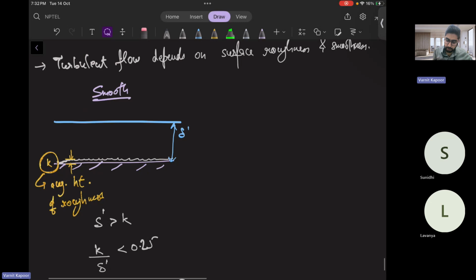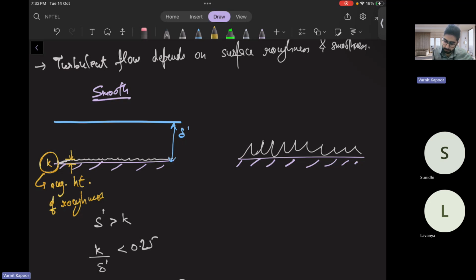But if I have a scenario like this, I have a plate where my surface roughness is of much higher length compared to my laminar sublayer thickness. So this is my thickness of surface roughness, whereas my laminar sublayer thickness is delta dash.